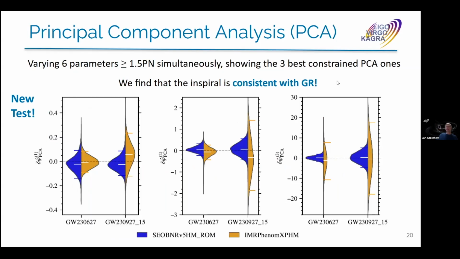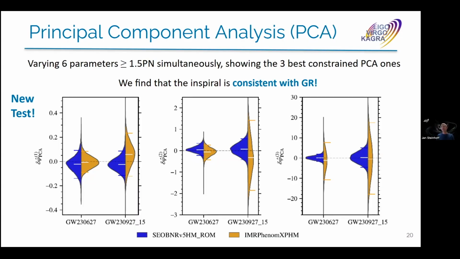So the next test is the principal component analysis test. Just to remind you, this is where we vary 6 parameters at the same time, starting from 1.5 PN, and then do this principal component analysis on the 6-dimensional parameter space. And here we show the 3 best constrained directions.